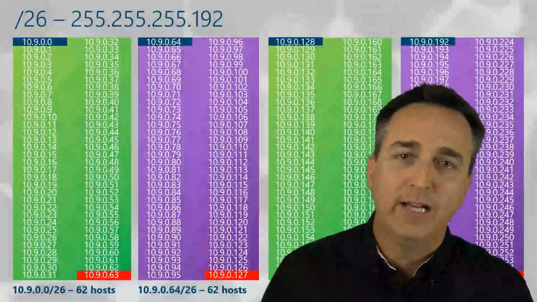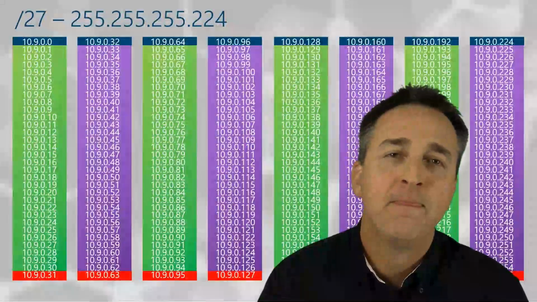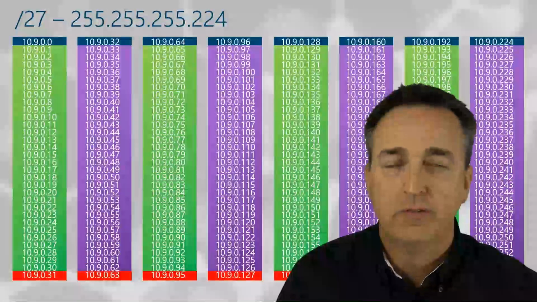What about if we went to /27? There you go. Now it's 32 only in each, minus 2, which is 30.